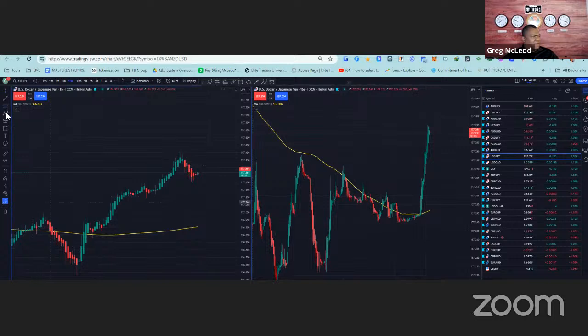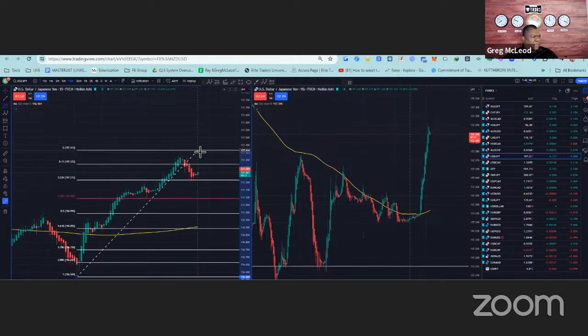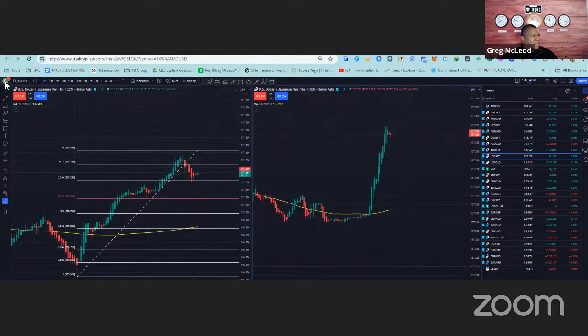And we have a nice Fibonacci retracement at the 23% retracement there. Okay, so it's getting a little tired. We got one green candle break.